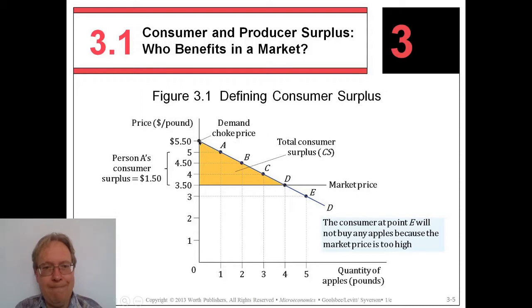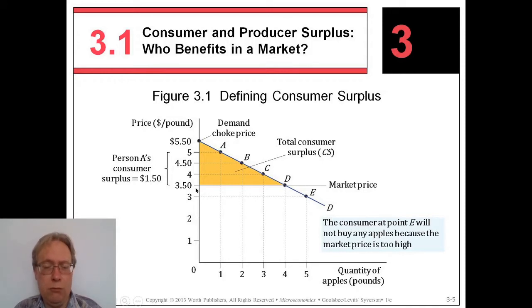Okay, so here, if you move slightly to the right here, so here is one person who is willing to pay $5.50 for an apple, or for a pound of apples, a kilo, whatever. Anyhow, this person is willing to pay $5.50. However, the market price is $3.50, so that person is definitely going to buy her apples. Also, we can wonder, well, how happy will this person actually be after she has bought her apples?